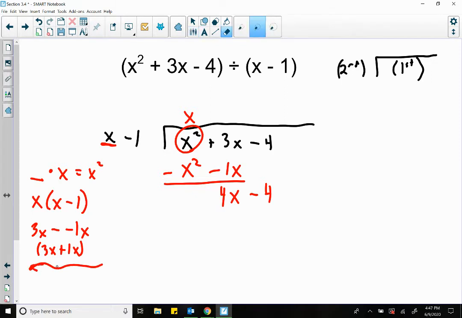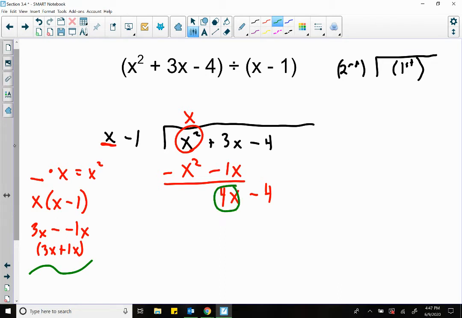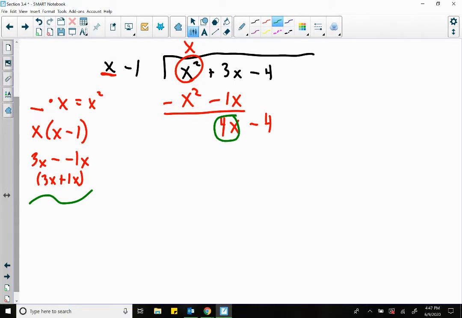Okay? And all you do now, repeat. You're going to repeat those same 3 steps. Except this time, we have a new piece that we want to get rid of. Okay? So we're going to say, what times my x, we're still going to use this guy. We always use that guy to begin with, equals this guy, 4x.